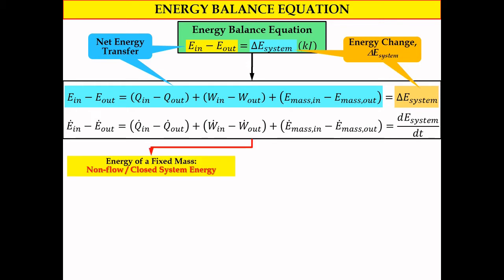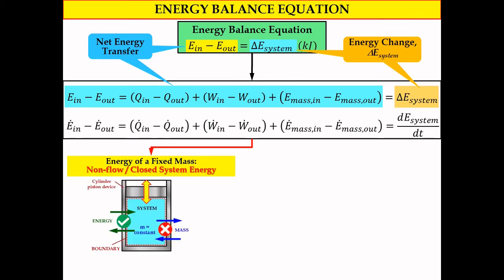Now previously in chapter number 3, when we discussed the closed system, we looked at the energy of a fixed mass or fixed system, or what we call non-flow or closed system energy. If you look at the schematic diagram showing the piston cylinder device, the closed system does not allow any mass transfer across the boundary.